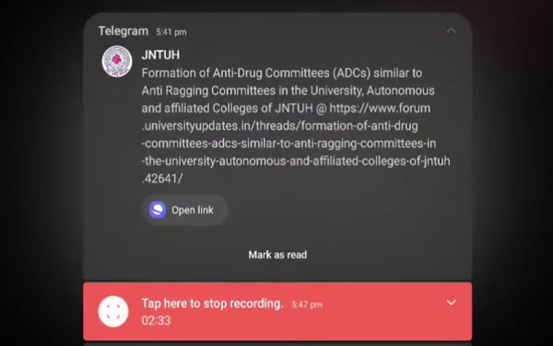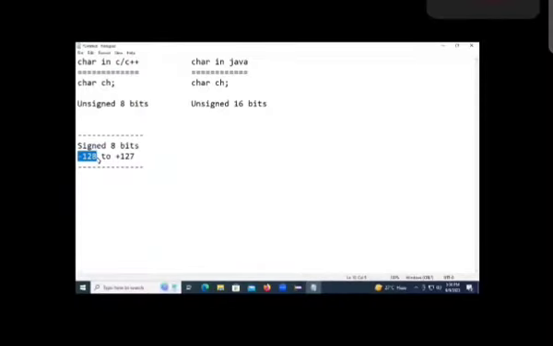How many negative numbers are there? Minus 128 to minus 1. How many are there? 128, right? And then 0 to 127. So when I'm saying unsigned, all the negative numbers will be extended towards the positive side.